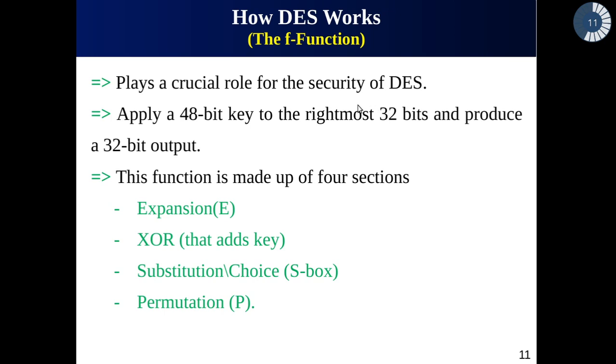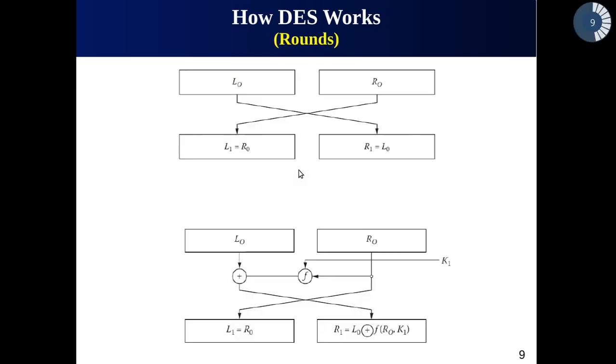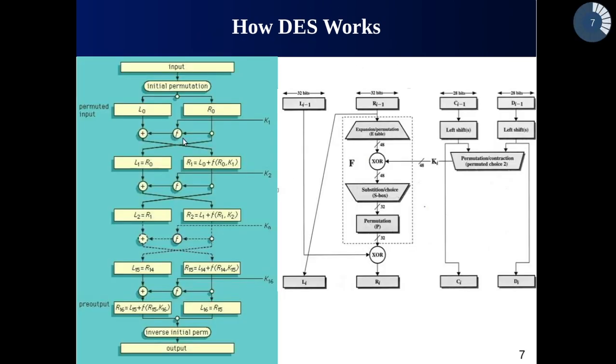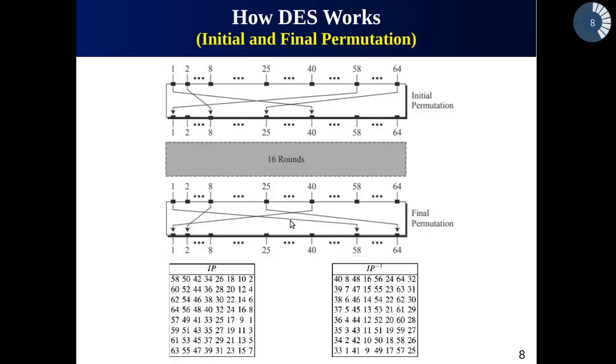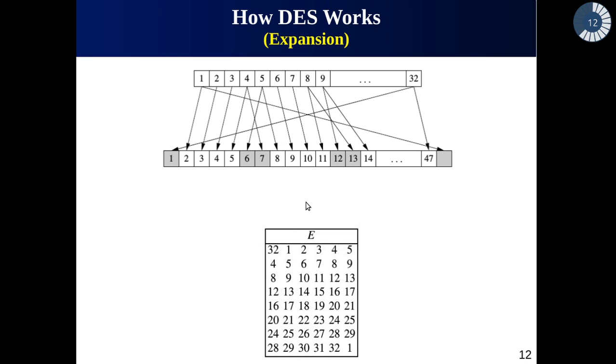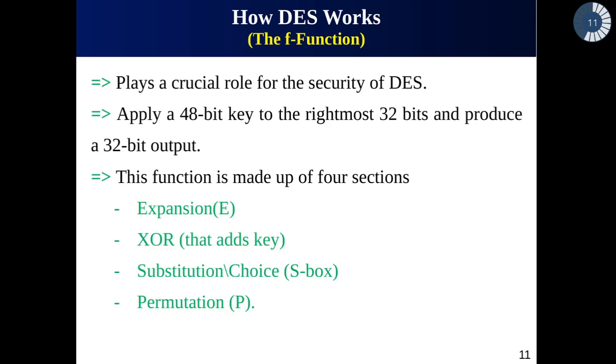Next important component of the DES algorithm is the F function. We studied initial permutation and final permutation, and then we explored the concept of a round. Now it's time to explore the F function. This is also known as the DES function.